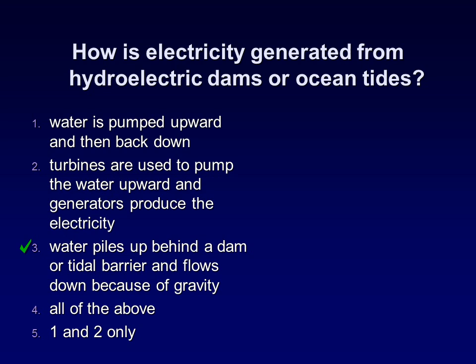Number 2, turbines are used to pump the water upward and generators produce the electricity. Again, no, you don't want to have to pump it upward. You've got to find a way to have it naturally fall. And so that's what's so great about a very narrow canyon dam or using the natural tides, because water's building up naturally.